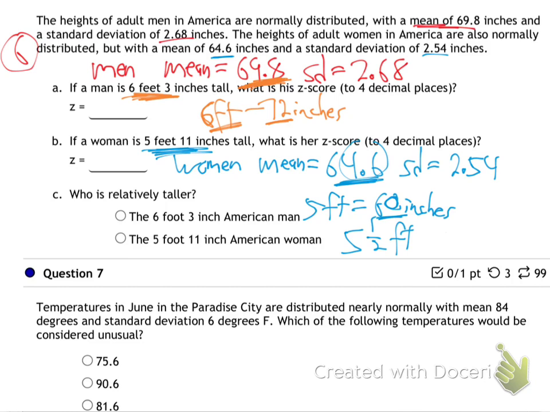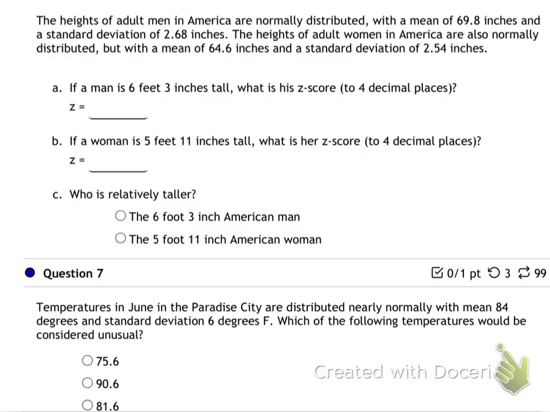Well, we have something to figure that out called the Z-score. It's a measure of how you are in the group you're in. Let me go to a fresh screen here, and I'll write the formula for you.